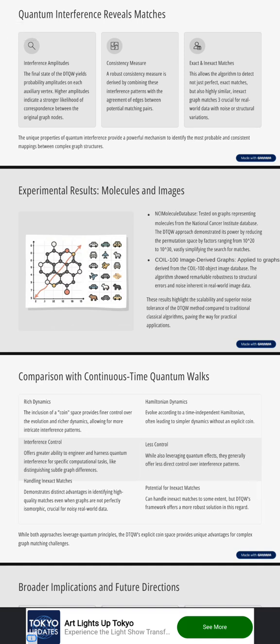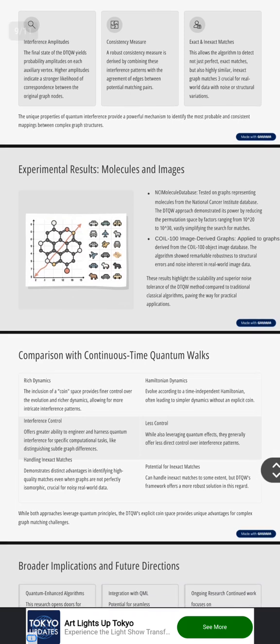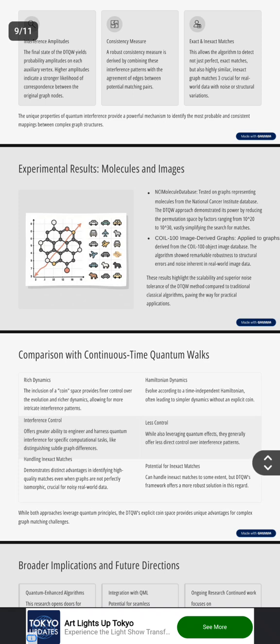NCI molecule database: tested on graphs representing molecules from the National Cancer Institute database. The DTQW approach demonstrated its power by reducing the permutation space by factors ranging from 10^20 to 10^30, vastly simplifying the search for matches. COIL-100 image database: applied to graphs derived from the COIL-100 object image database.